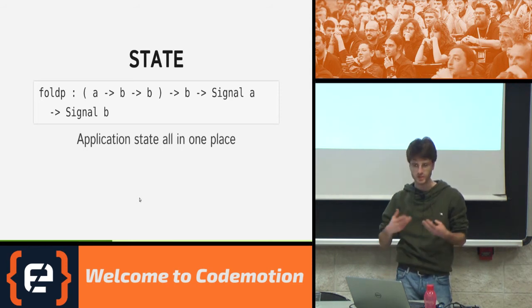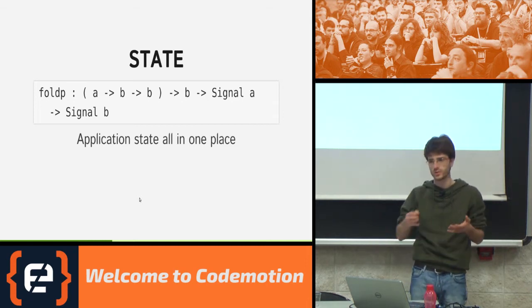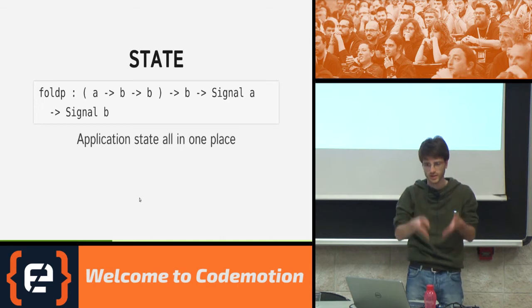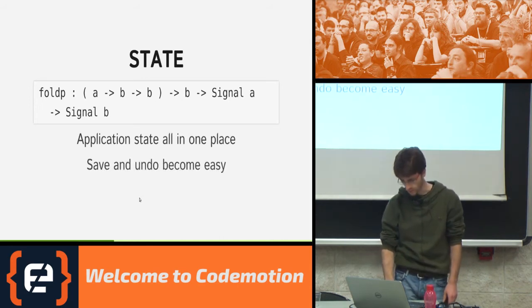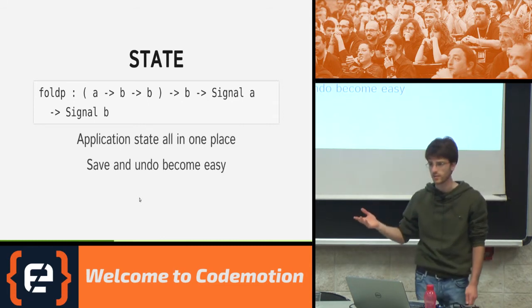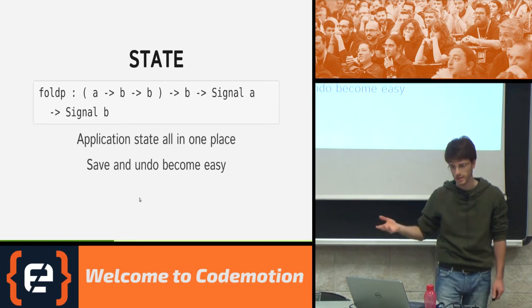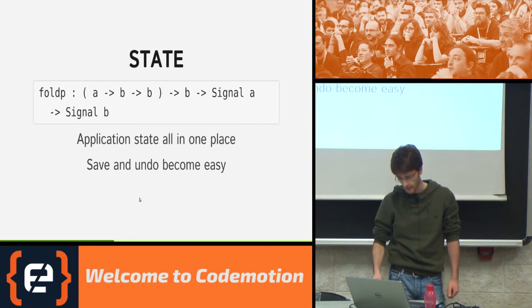Because this gives you a single source of truth for your application, you do not need to synchronize between your components. The state is there; you just read from there. And it also makes it very easy to save your state and undo your state, going almost back in time.